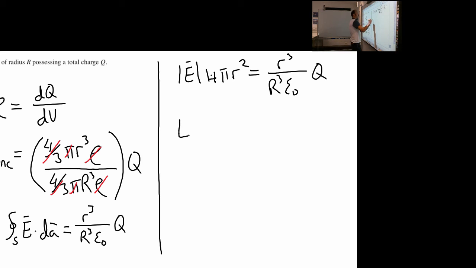So our electric field is going to be given by 1 over 4 pi epsilon naught, little r over big R cubed times Q, and it's in the r hat direction.